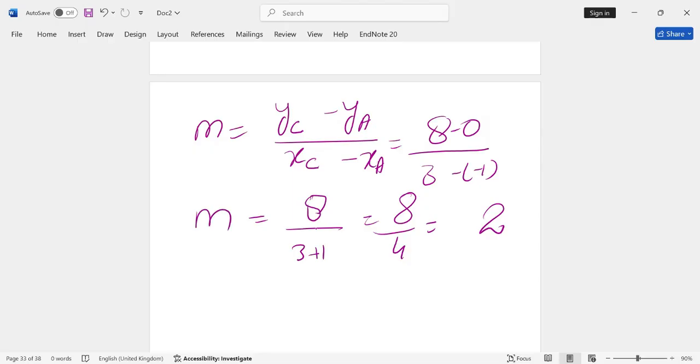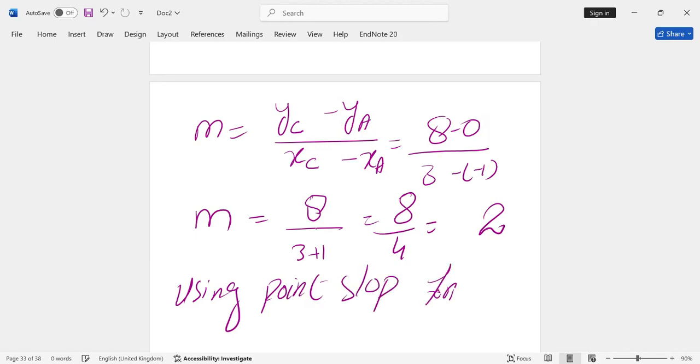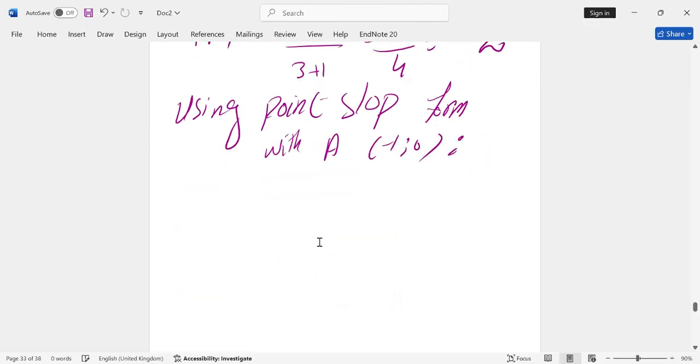All right. So using the point slope form with A, that is minus 1 and 0, what do we get? We have the equation y minus ya equals m into x minus xa.